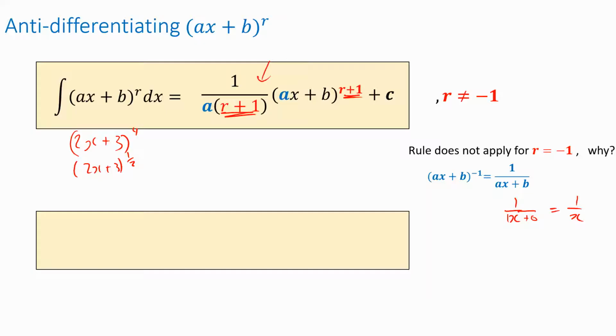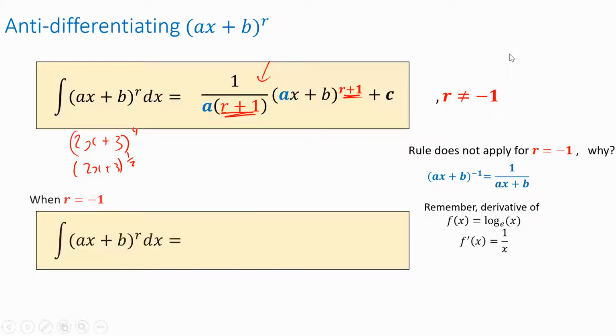Anyone know? Log. Okay, so that's why we know that the antidiff of 1 on x has to give you a log. That's the only one that's different to this. So when it comes to the antidiff of 1 over where r, the power, is -1, you get this.